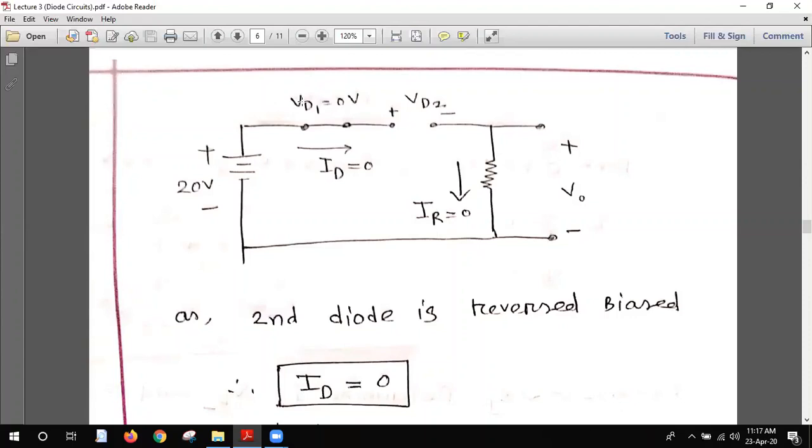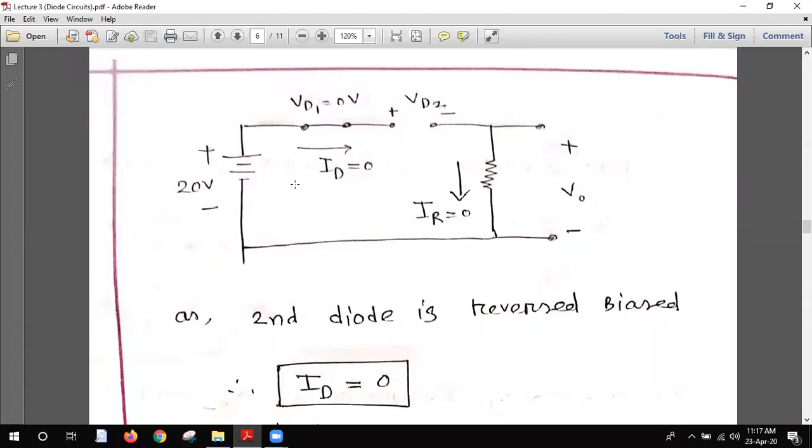Amit said, sir, since we have a voltage source and one diode, why don't we calculate the ID? Interesting question. We have a voltage source and also the first diode which is forward biased. But still why do we not calculate the ID?